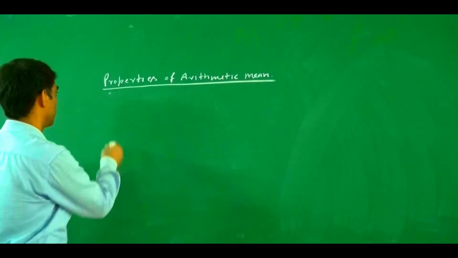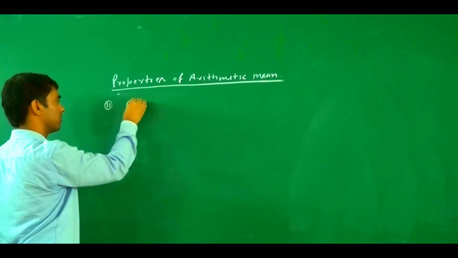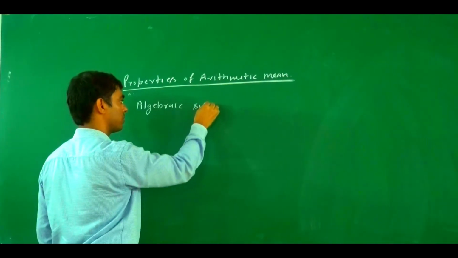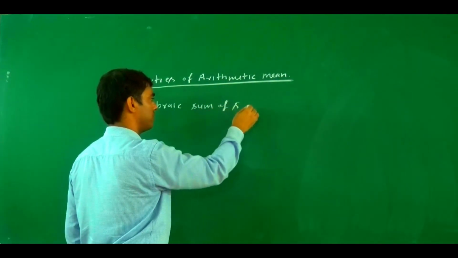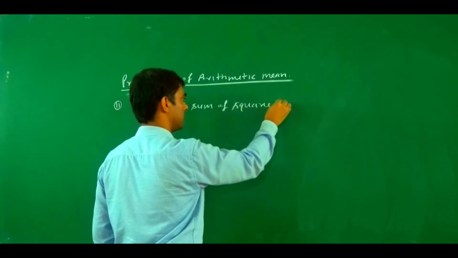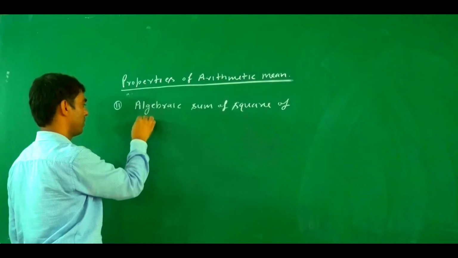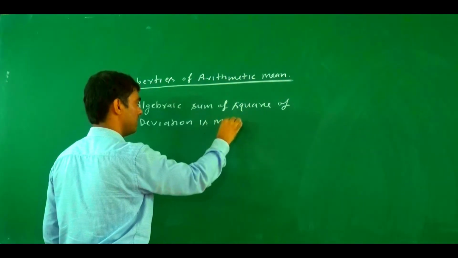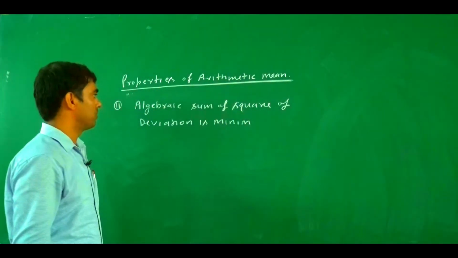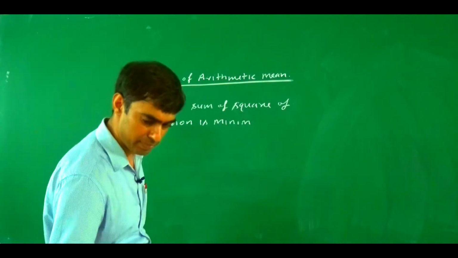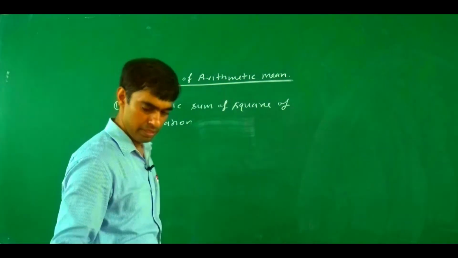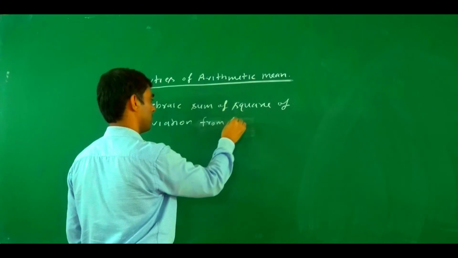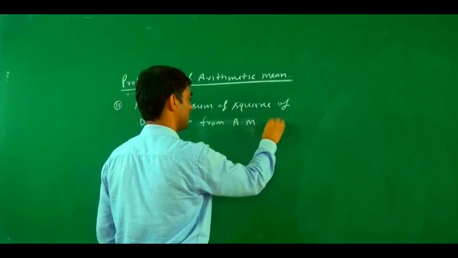So now the second property. If we prove the second property: the algebraic sum of square of a deviation from arithmetic mean is minimum.